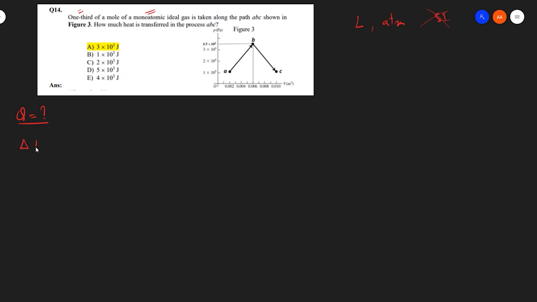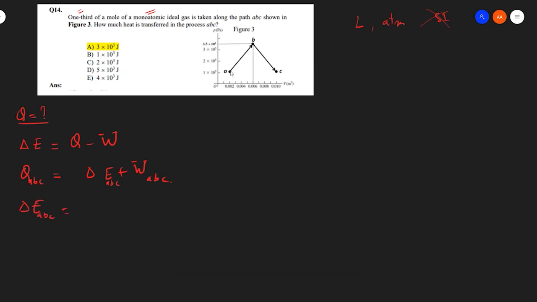We have the change in the energy is equal to Q minus W. So from here I can write Q is equal to delta E plus W. Of course, if I want ABC, I will put here ABC and here ABC. Now, the change in energy does not depend on the path. The delta E does not depend on the path.